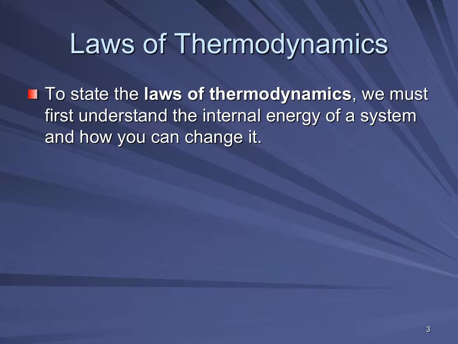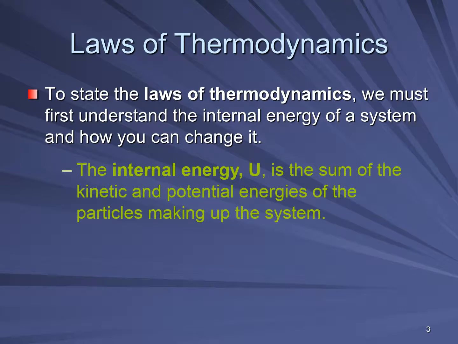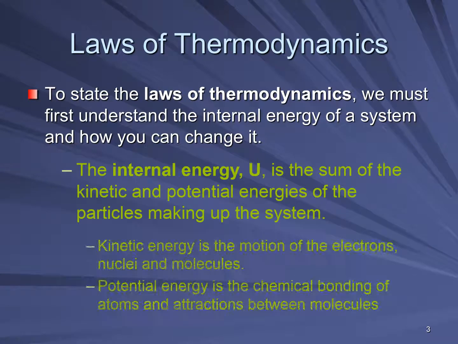in order to understand the laws of thermodynamics, we first have to understand the internal energy of a system and how energy changes. So internal energy is given the symbol U, and the internal energy is the sum of the kinetic and potential energies of the particles making up the system.